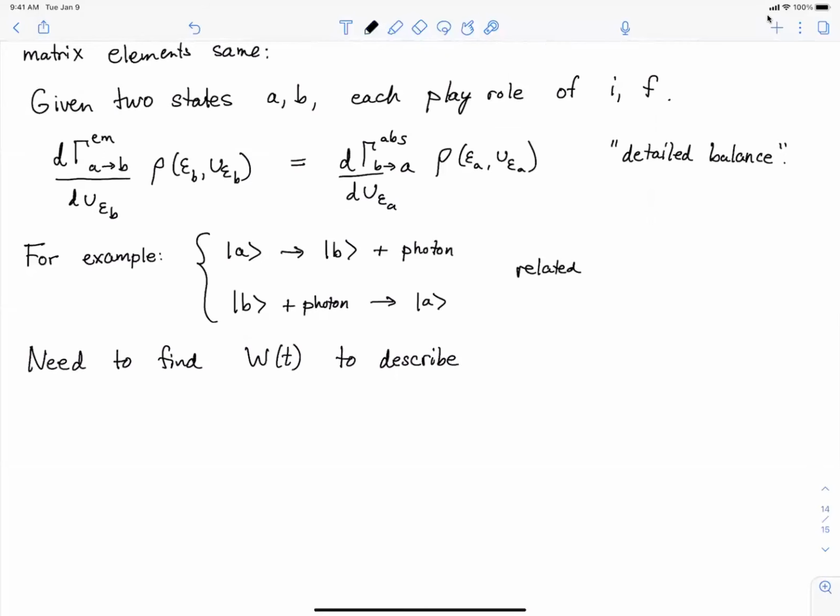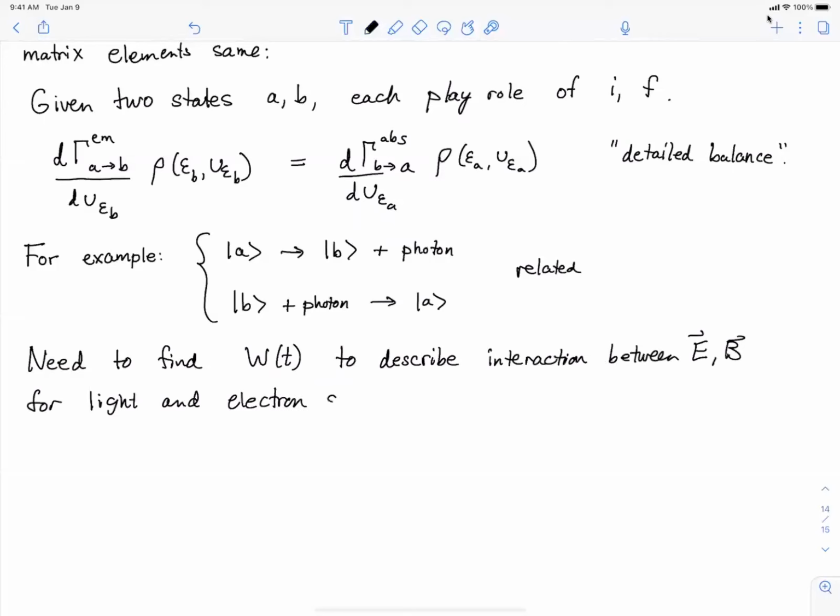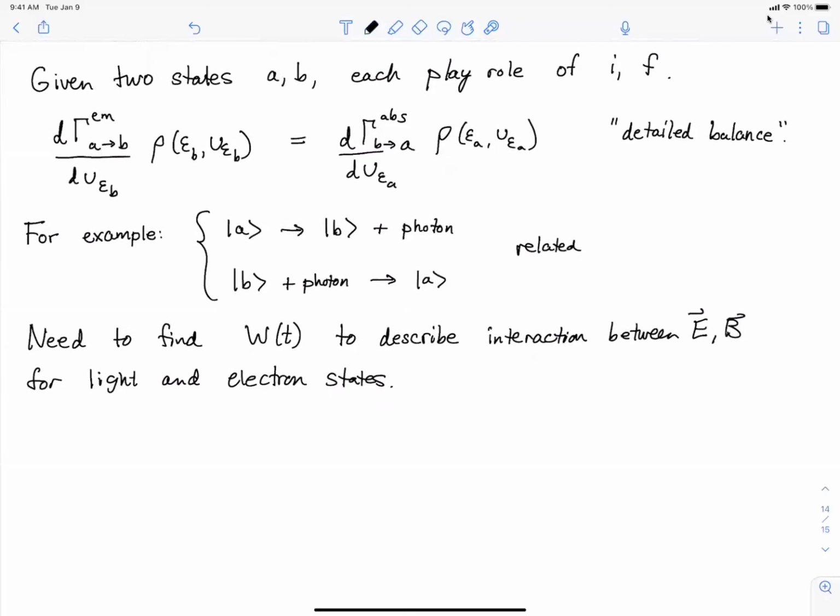So to describe interaction between electric and magnetic fields for light specifically, and electron states. So most of what we're going to say applies to any charged particle, but we're particularly interested in electrons because electron states are where, in the real world, the calculations we're going to describe actually work.